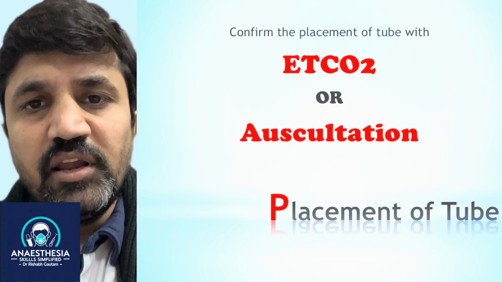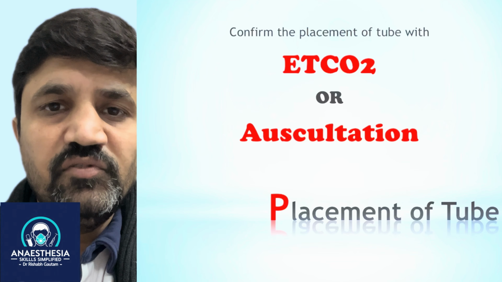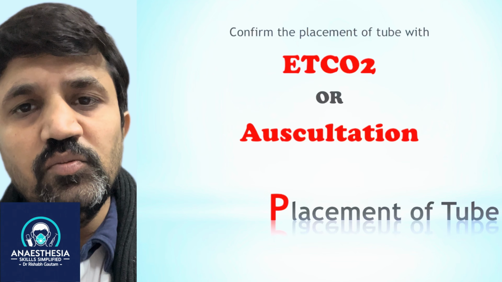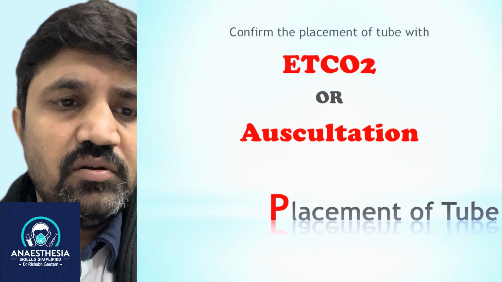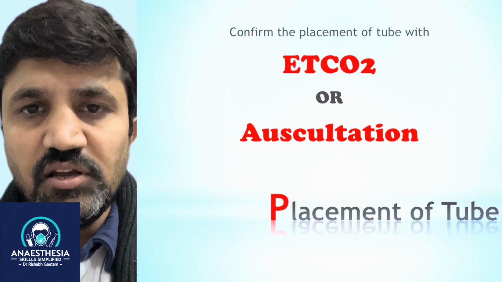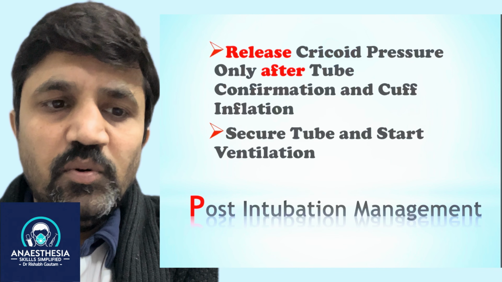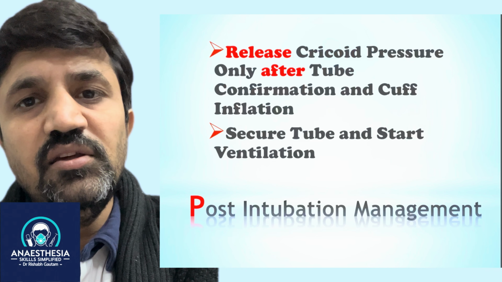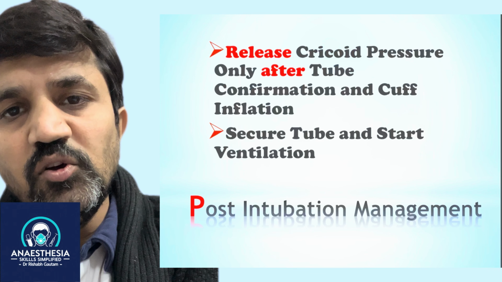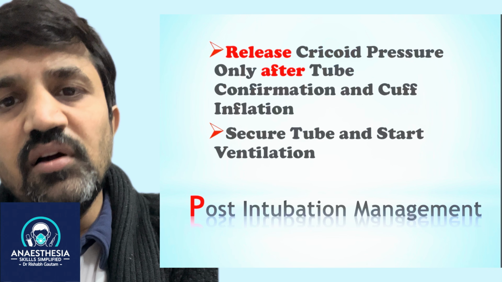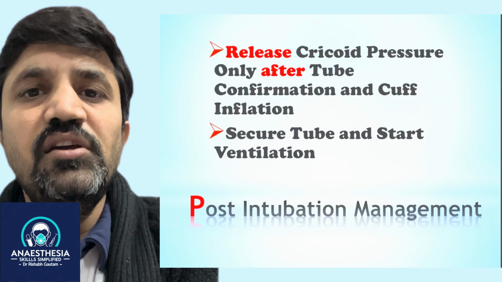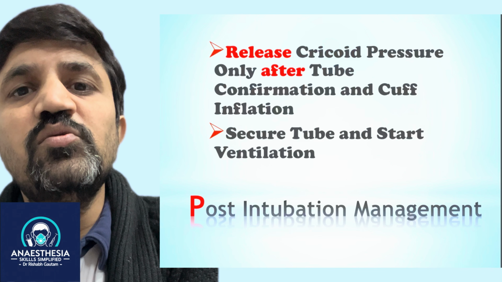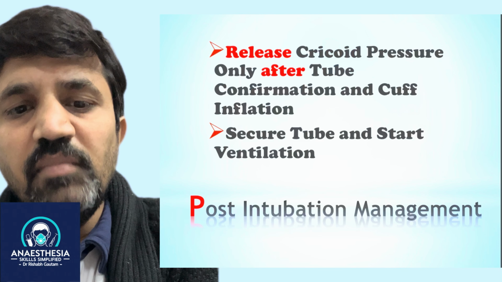Now come to the next P, which is placement of the tube. Placement of the tube is confirmed with the EtCO2 monitor, or auscultation, or with the chest rise. And in post-intubation management, first of all confirm the placement of the tube, then inflate the cuff, and then release the cricoid pressure, and then secure your tube and connect the patient to the ventilator for further management.